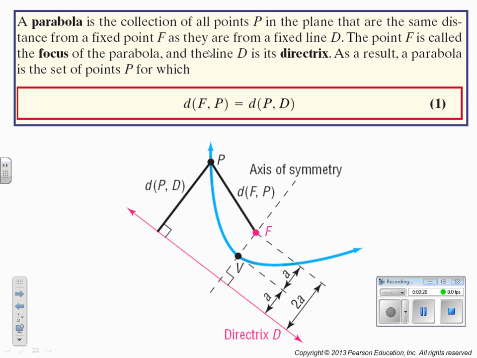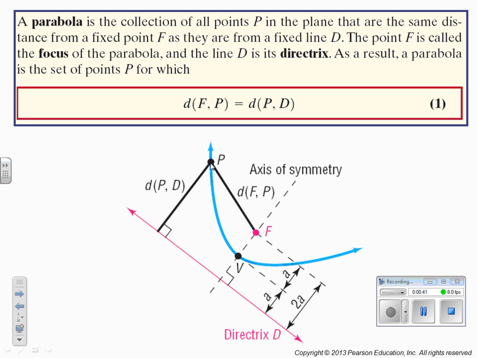So a parabola is a collection of all the points P in the plane that are the same distance from a fixed point F. Take a peek at F here.